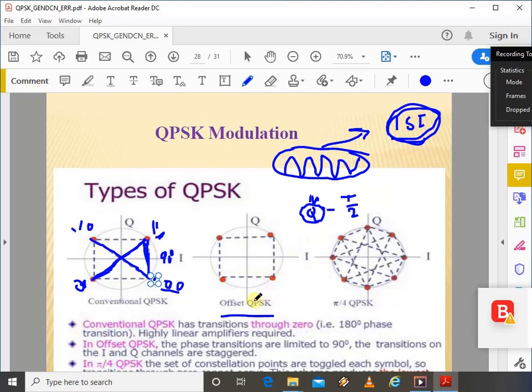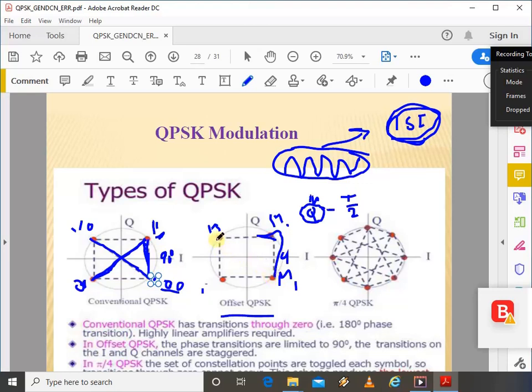Because of this, the phase change between any two bits will always be 90 degrees. Let me say this is message point 1, message point 2, message point 3, message point 4.